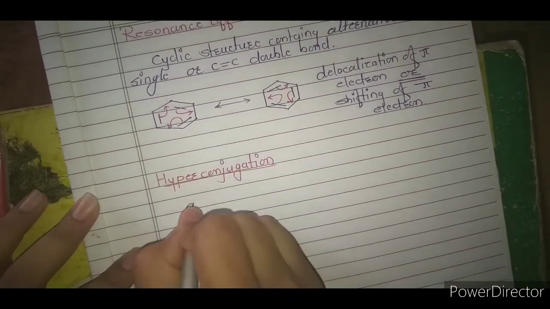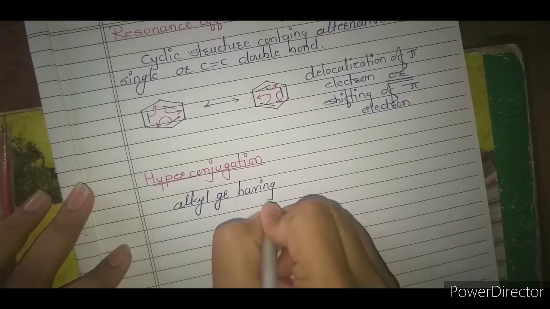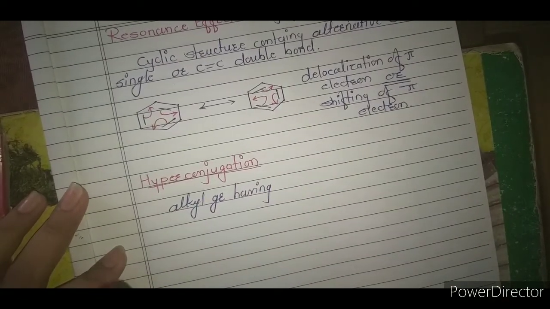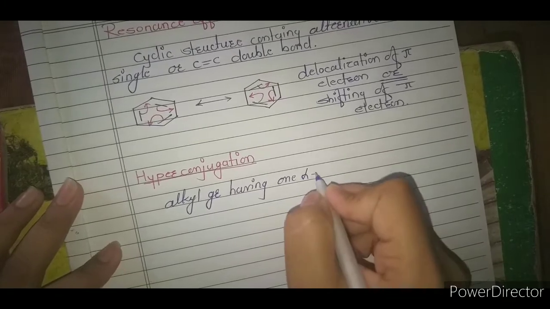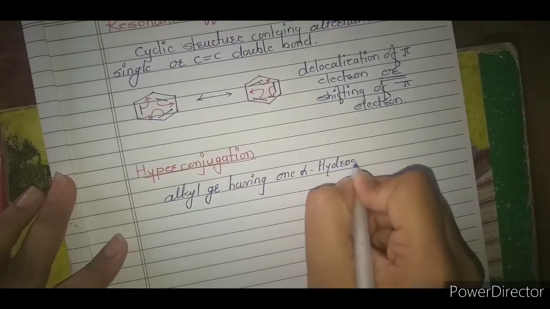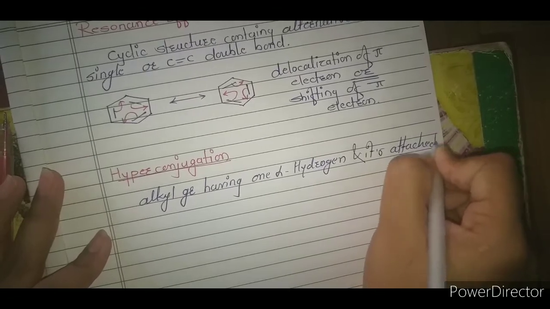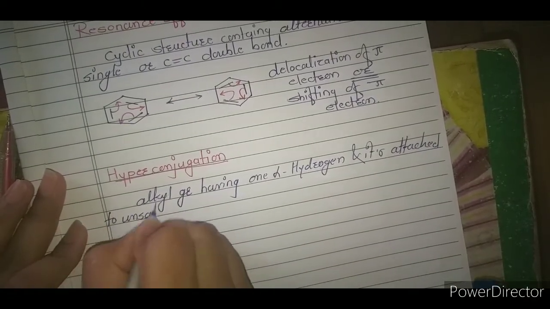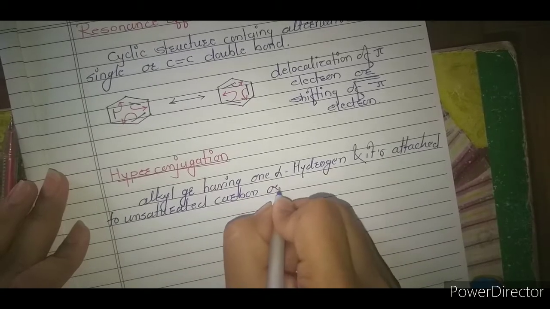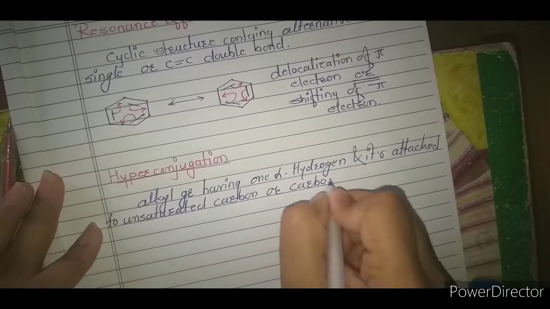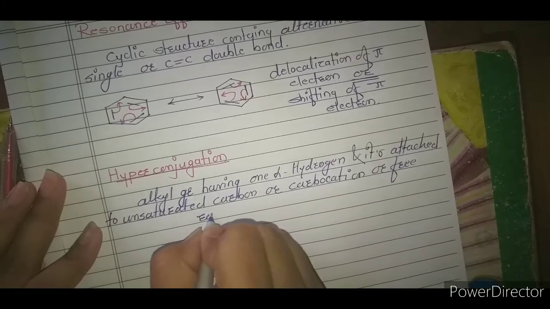What happens in hyperconjugation? Hyperconjugation takes place in an alkyl group having alpha hydrogen that is attached to an unsaturated carbon, carbocation, or free radical.